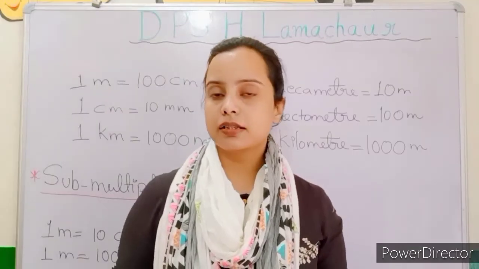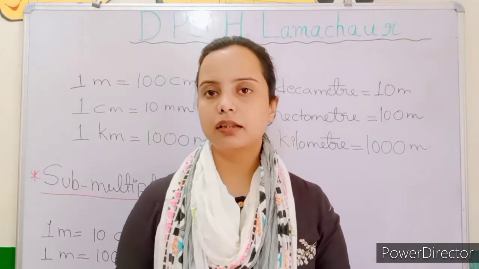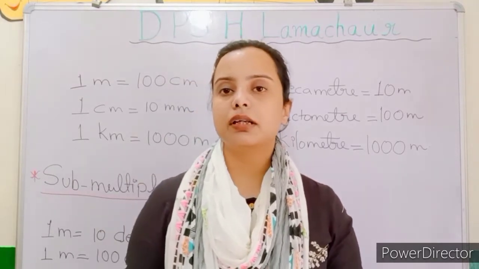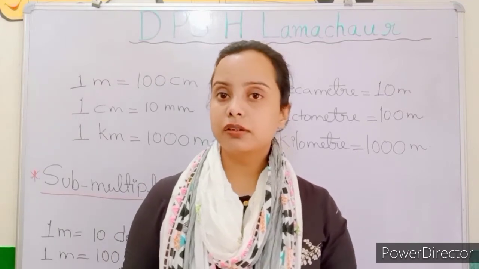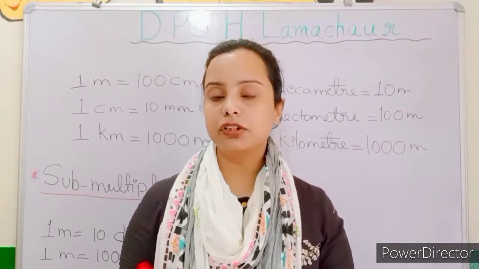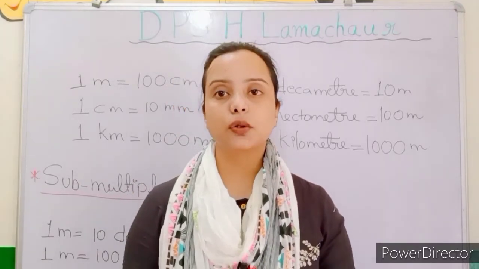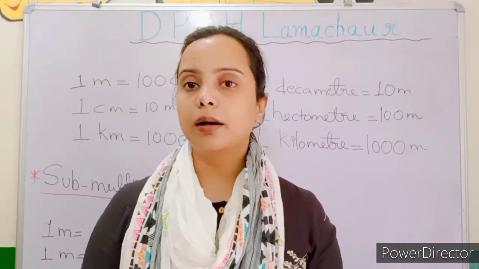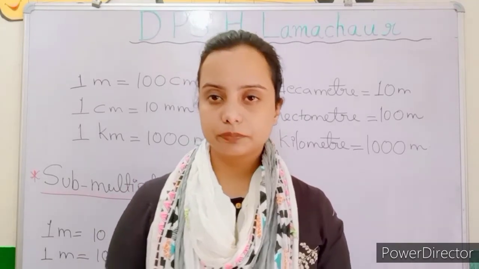Let's start. My dear students, in your previous video I explained the measurement, the history of standard measurement, and the different conventional methods: first is the hand span, second is the cubit, third is the arm, and fourth is the foot step.